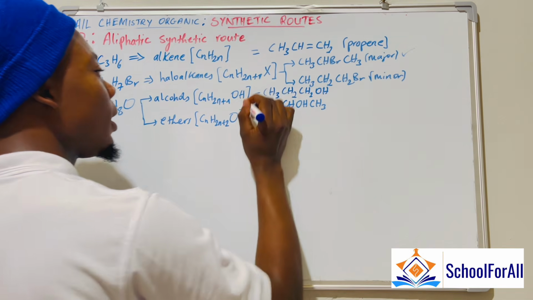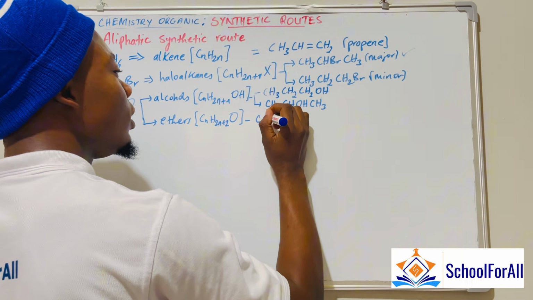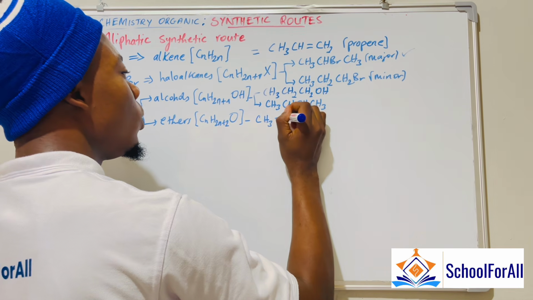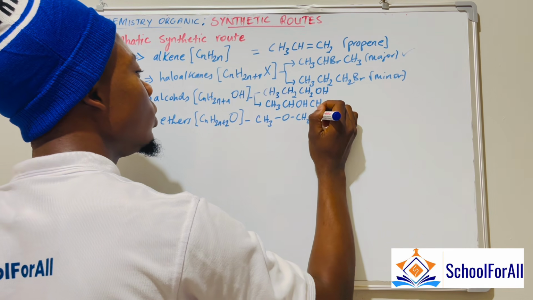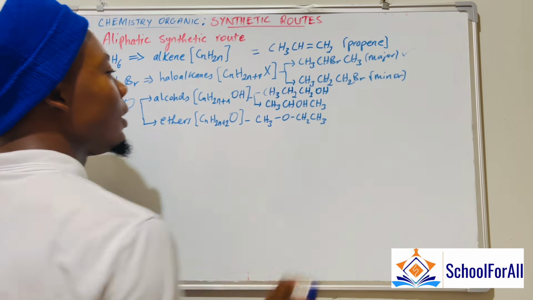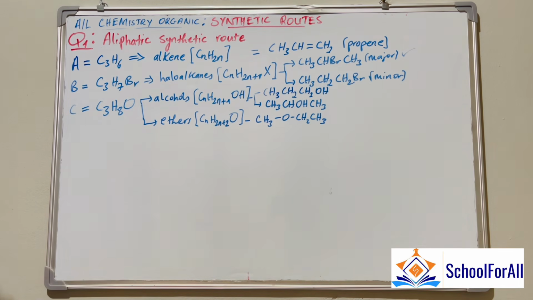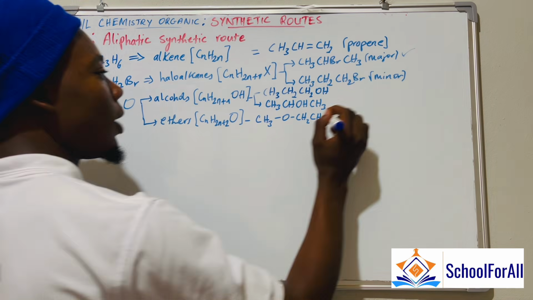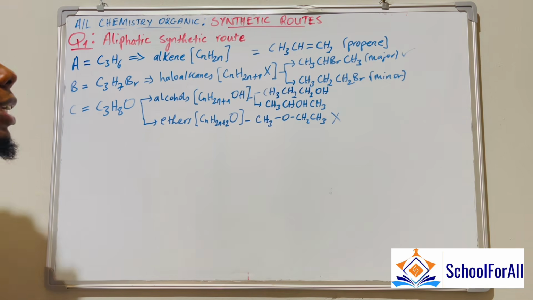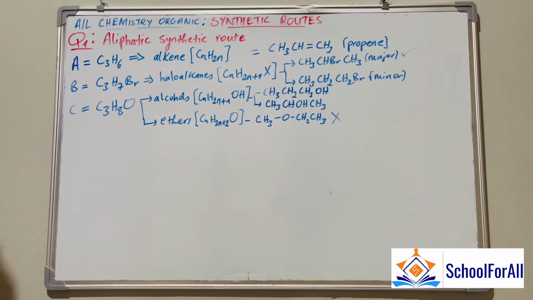Now for the ether, it can only be CH3OCH2CH3. Now, based on the reactions in our synthetic route, these ethers cannot be possible because the other type of reaction are not possible for ethers.